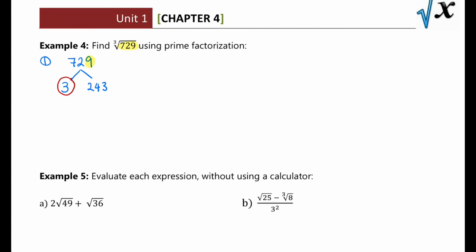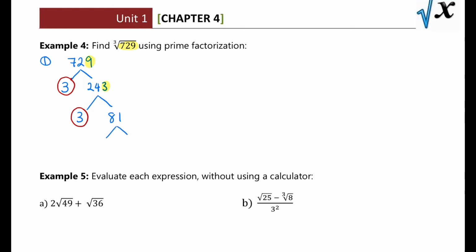This time also, because it ends with 3, I'm going to try dividing this by 3 again. So 243 divided by 3 is 81. So this is done. We're going to leave it there, move on to 81.